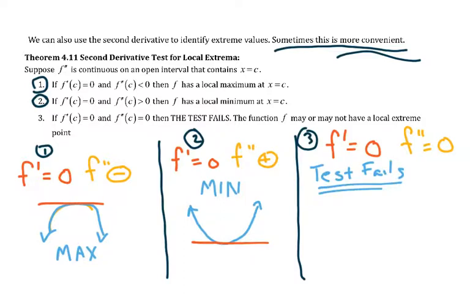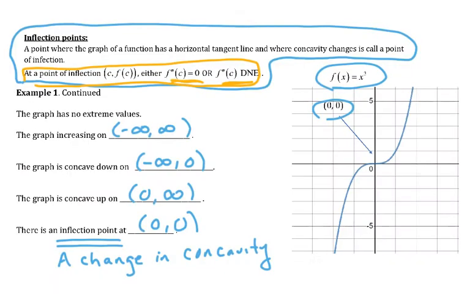In other words, you would have to test either side of the first derivative. What's an example of when this happens? Well, we just looked at one. Y equals x cubed. If you go back and look at this graph, there was no extreme point there. The first derivative was 0 and the second derivative is 0.